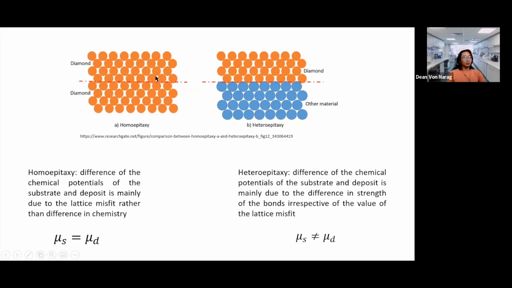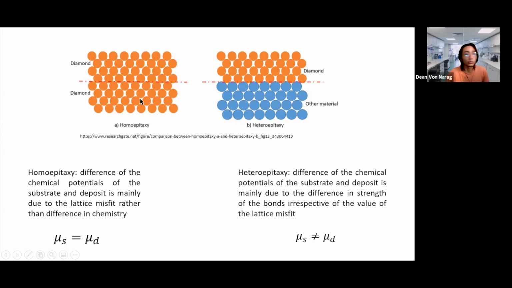So homoepitaxy, basically you have the same materials. So this might get confusing because you might say that this is simply a case of crystal growth, right? So homoepitaxy, it has a boundary layer where misfit can happen. Okay, so basically that's the difference between homoepitaxy and crystal growth.